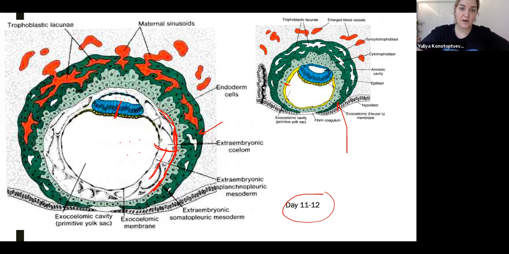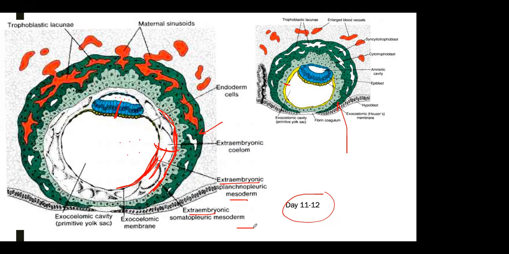The part of the Heuser's membrane which is closer to the yolk sac is known as the extraembryonic splanchnopleuric mesoderm. What are the two words that are in both of them? Extraembryonic mesoderm. So where does extraembryonic mesoderm come from? Hypoblast.